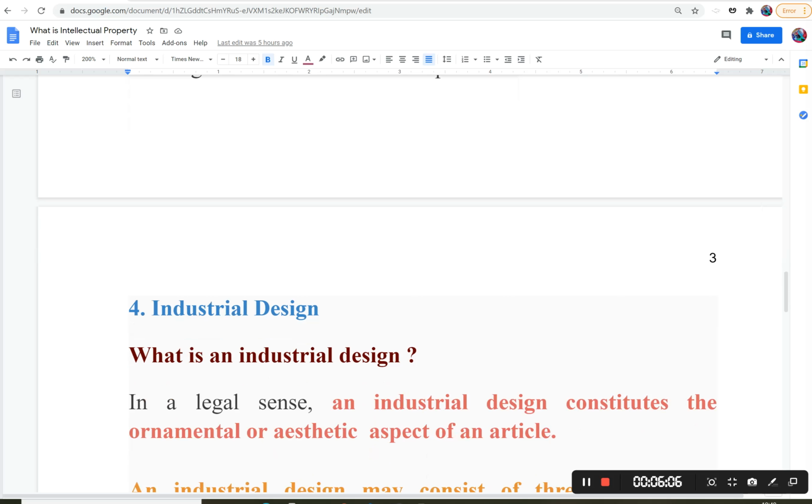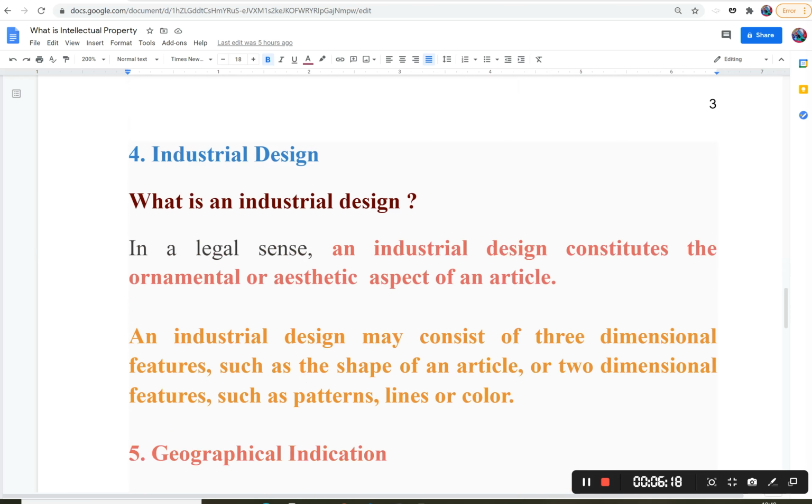Then the next form of intellectual property is industrial design. An industrial design constitutes the ornamental or aesthetic aspect of an article. It may consist of three-dimensional features, such as the shape of an article, or two-dimensional features, such as patterns, lines, or color.